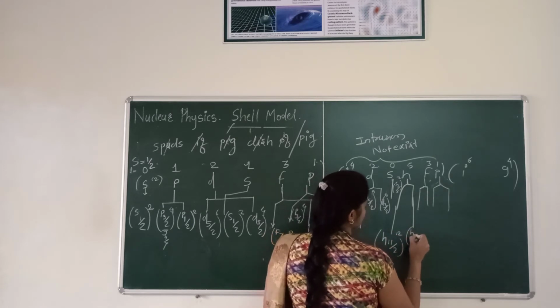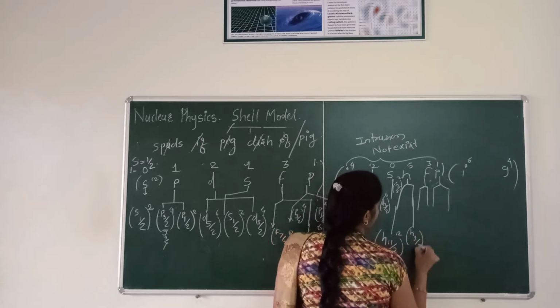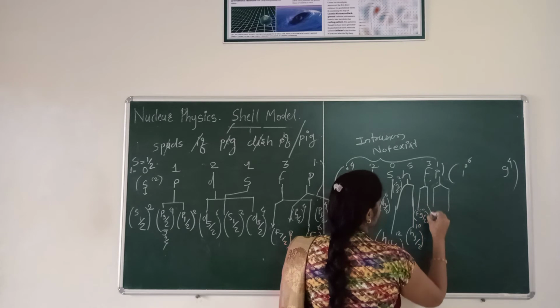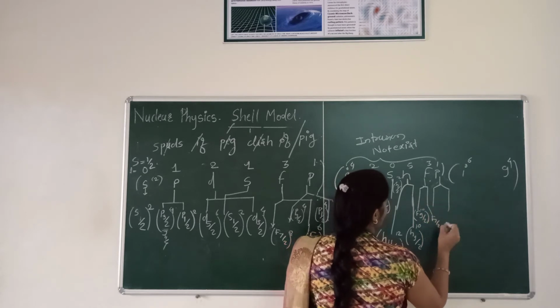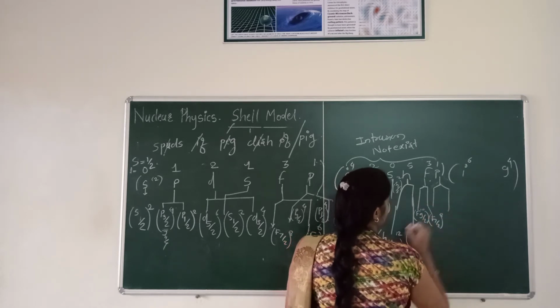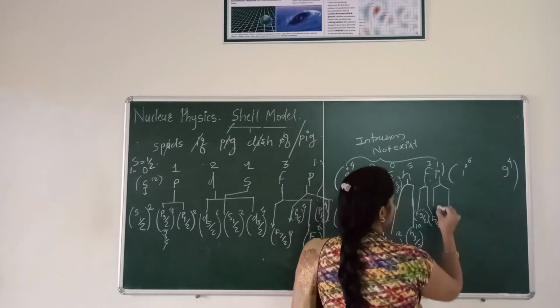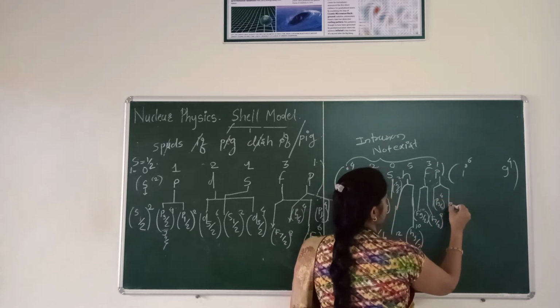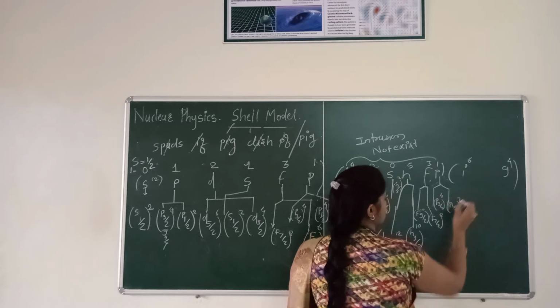H 9/2 contains 10 terms. F 9/2 contains 10 terms. F 7/2 contains 8 terms. Now P 3/2 contains 4 terms. P 1/2 contains 2 terms.